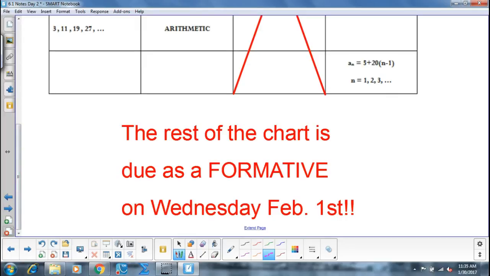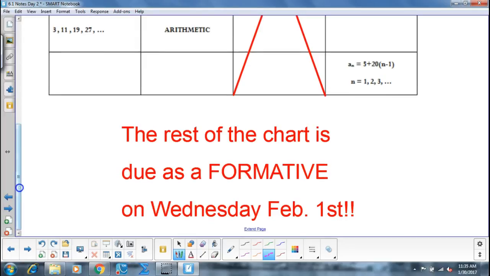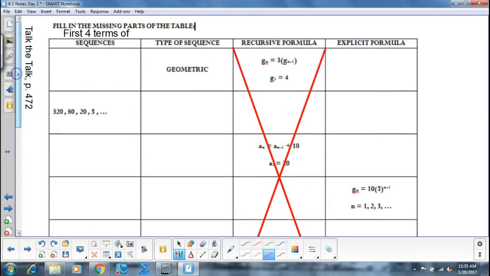Okay? Now, because we are skipping the recursive formula, cross out that recursive formula column. However, you might want to write this stuff down, just so you know better. Okay? We don't pack up until the end here. This is going to give you some information, though.